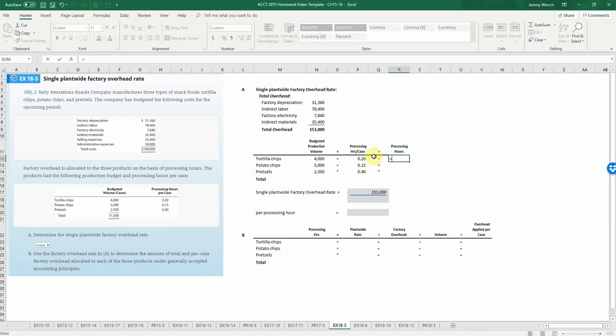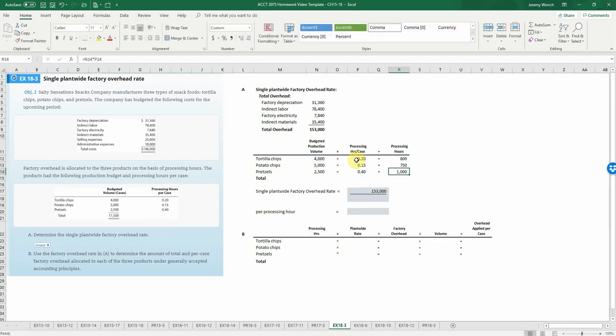To get the total processing hours, if we're going to do 4,000 cases of potato chips, and it's going to take 0.2 hours per case, that is going to give us our total hours here.